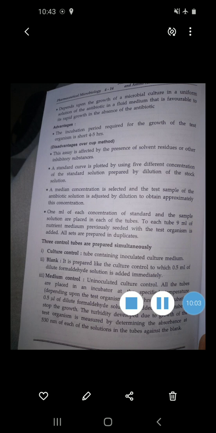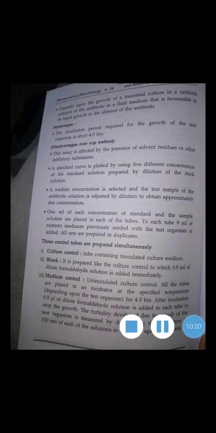The chances of getting no inhibition zone are higher if the test organism is killed during the spreading or the pouring, as no growth will occur on the plate. Hence, no zone will be observed.